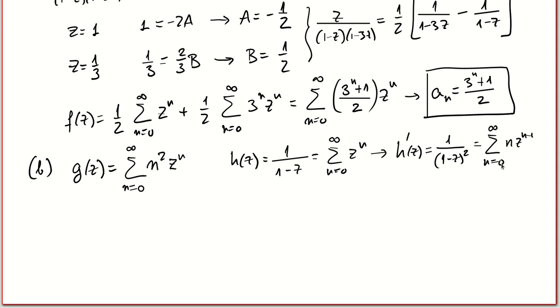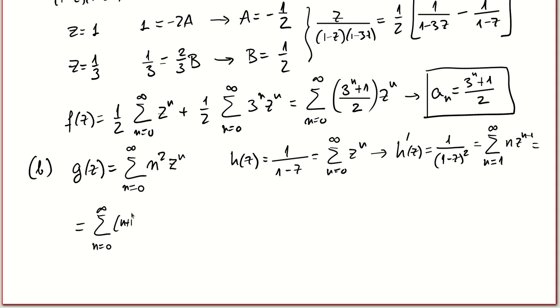By the way, when n is equal to 0, this term is 0, so we can just start at 1. Well, it makes sense because the first term is a constant and the derivative of a constant is 0, so the first term disappears.